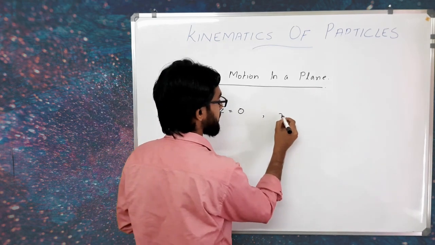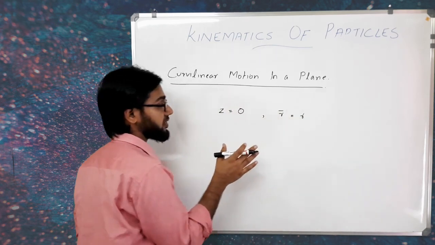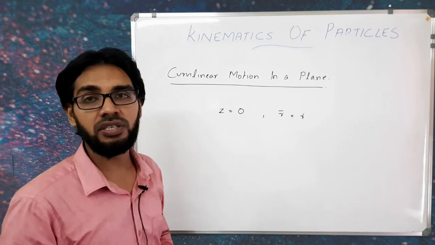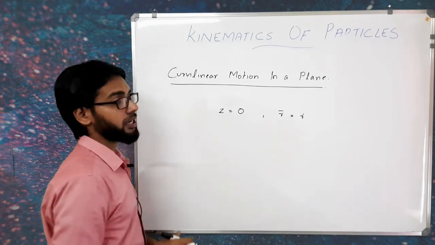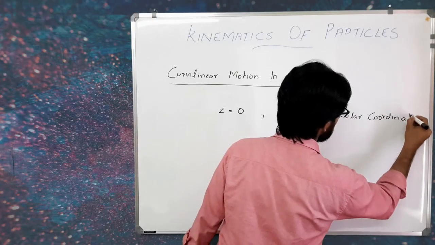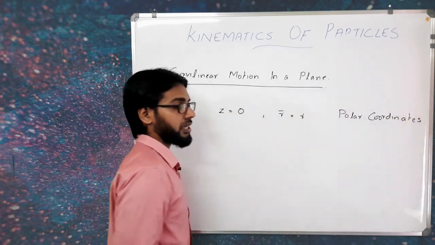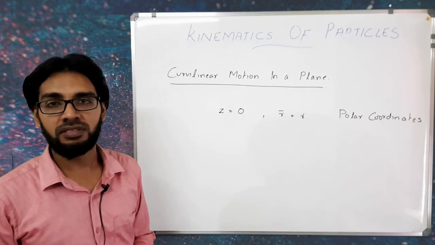Similarly, r dash will be equal to r in case the corresponding motion is restricted in a single plane. This corresponding coordinate system is also known as polar coordinates. It is actually a reduced format of the cylindrical coordinate system.